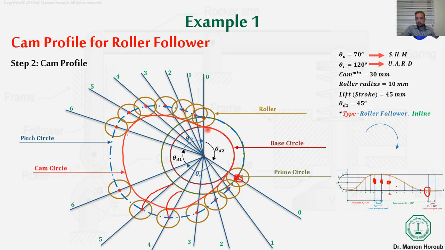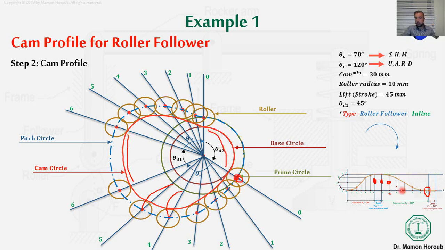So the tangent of those circles will give me what we call the CAM profile or CAM circle. Just one notice, this place of the CAM should be the same radius, as well as here it will be the same radius.